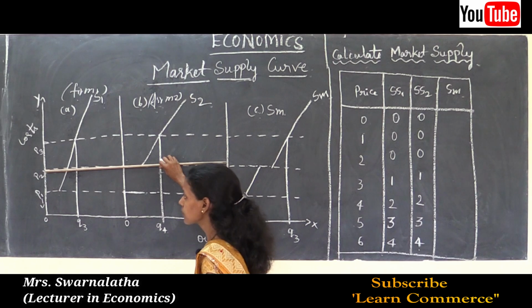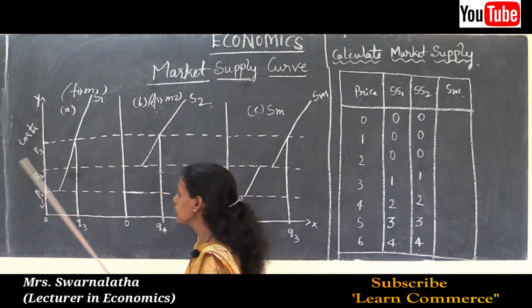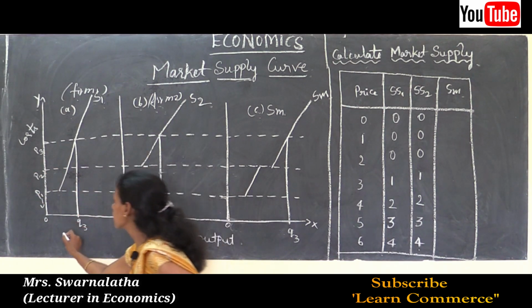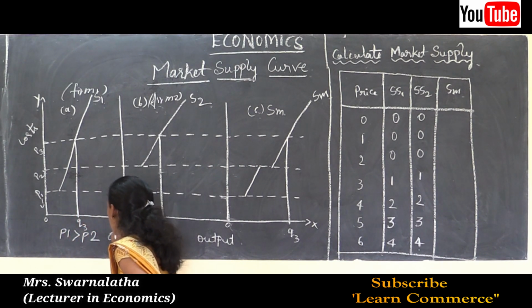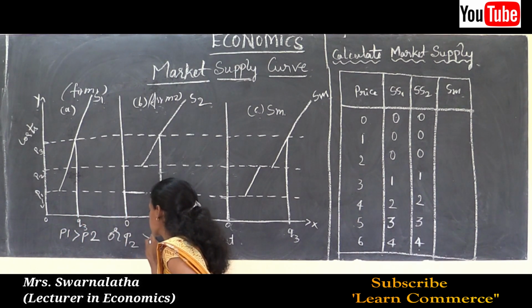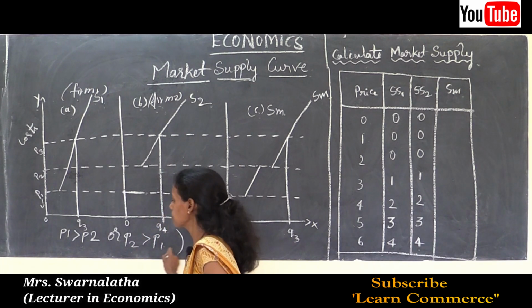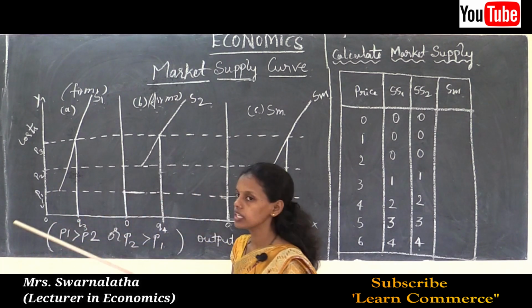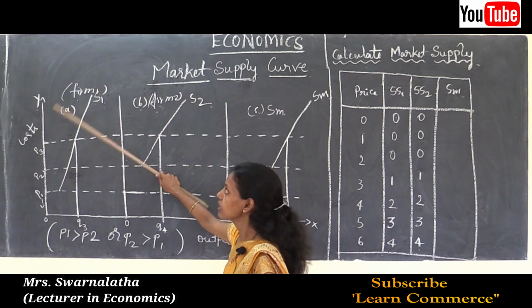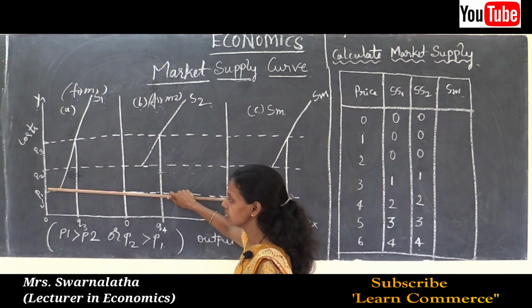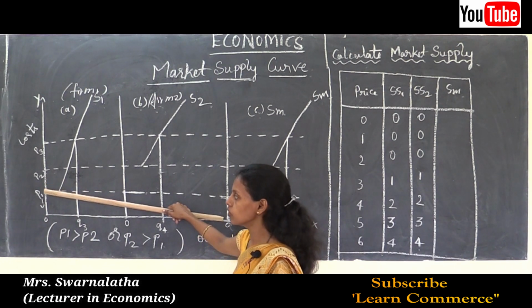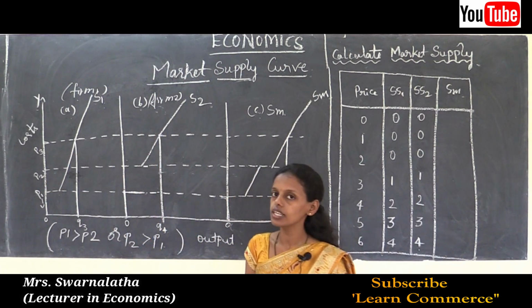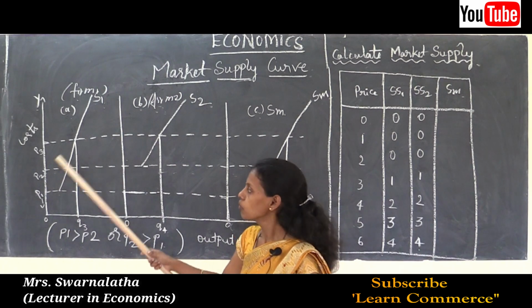Thus, it shows that P1 is less than P2, or P2 is greater than P1. It means firm 1's supply is less than firm 2's supply, or the supply of firm 2 is greater than the supply of firm 1.